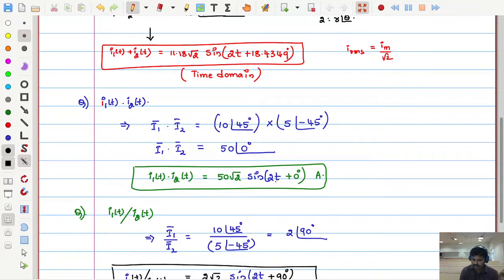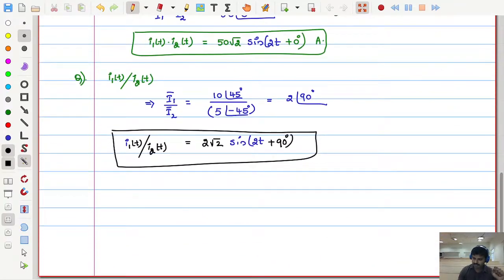So to avoid all those things, we will go with this phasor representation. See how simply we got I1 into I2, I1 by I2 and I1 plus I2. So addition, division and multiplication can be simplified enormously for sinusoidal functions by using the phasor representation. This is one of the major advantages of the phasor representation.